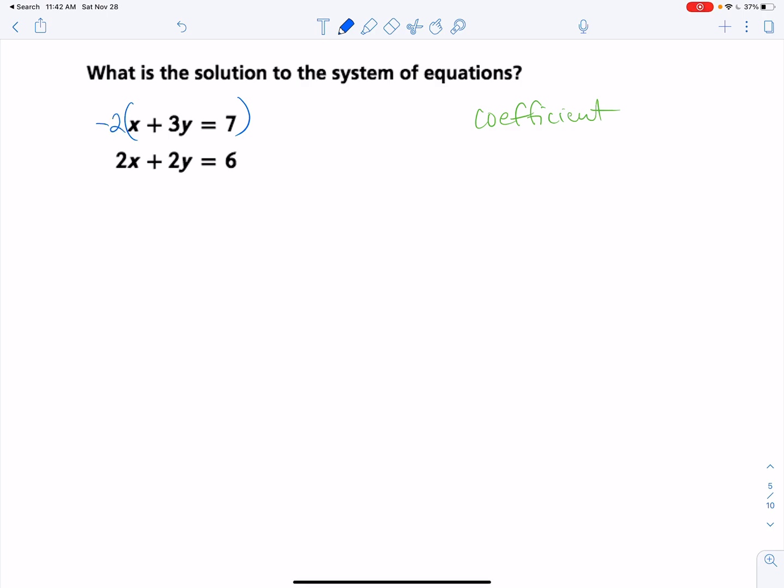So I'm multiplying by negative 2. If I distribute my negative 2 in, I'm going to get negative 2x minus 6y equals negative 14. And I'm just going to rewrite the second equation, 2x plus 2y equals 6. So what I did is I multiplied the top equation to specifically get it set up and ready for elimination.